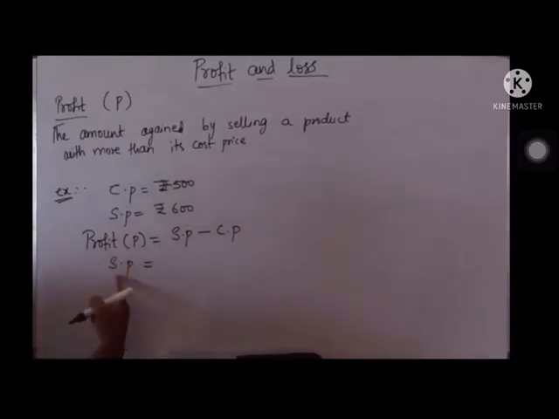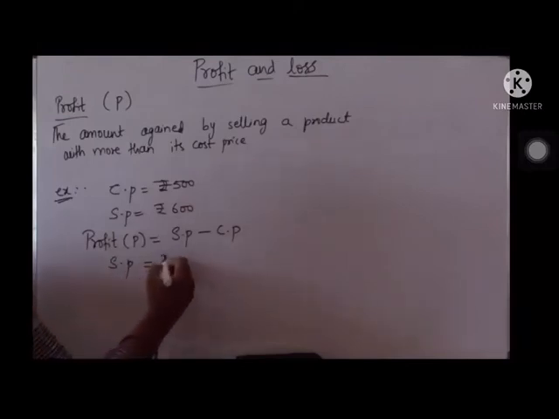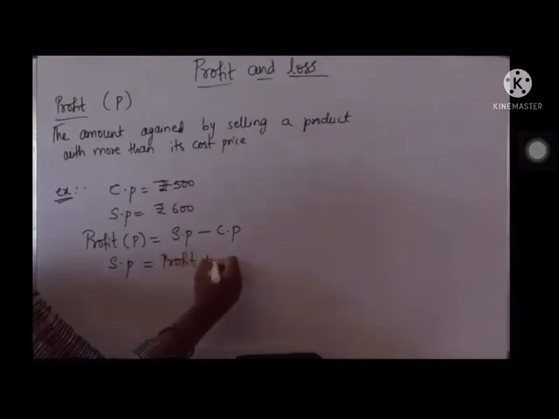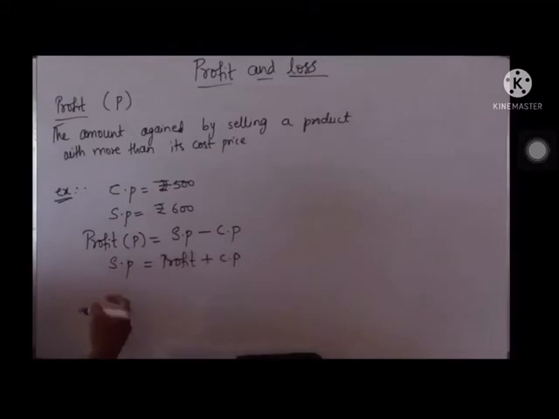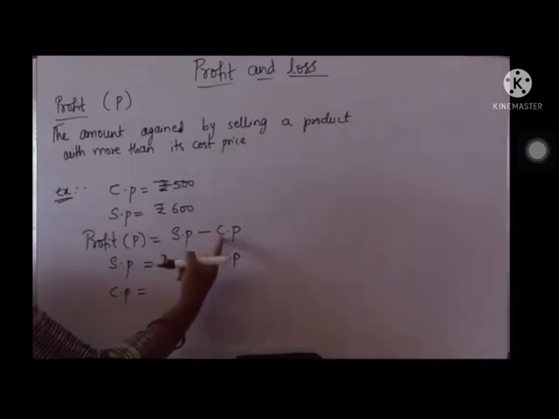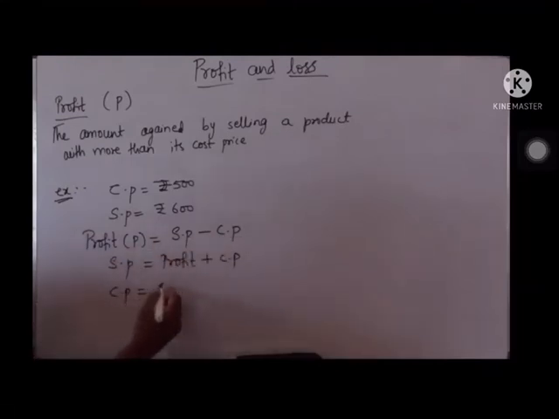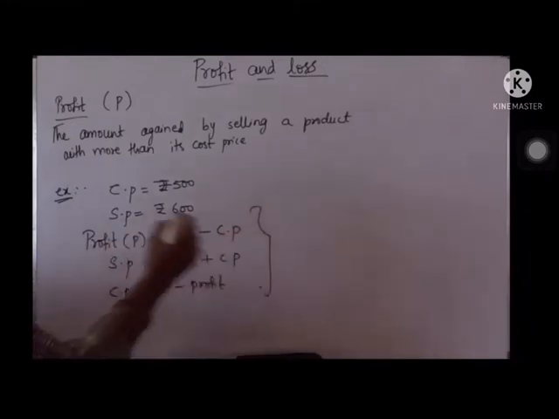So what is the selling price if the profit and the CP are given? It is nothing but profit plus cost price. And suppose the subject is CP, meaning they give profit and selling price and ask you to find the CP. Then the formula is SP minus profit. These are the important formulas based on profit.